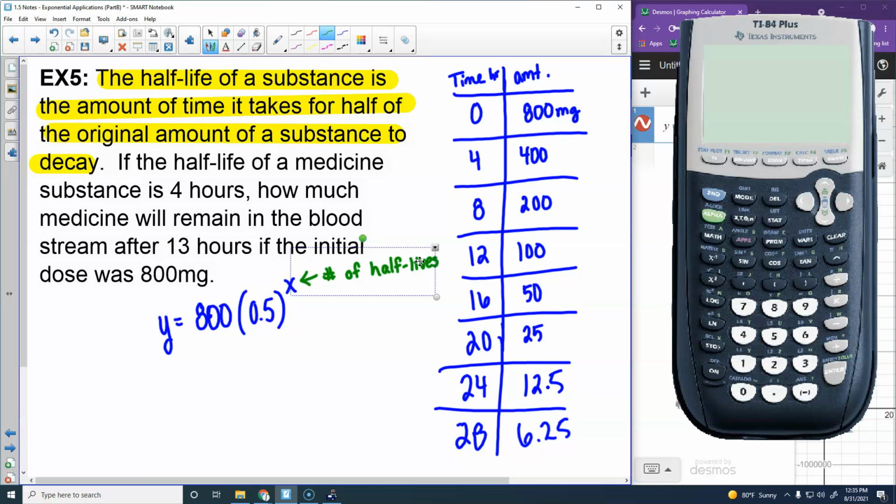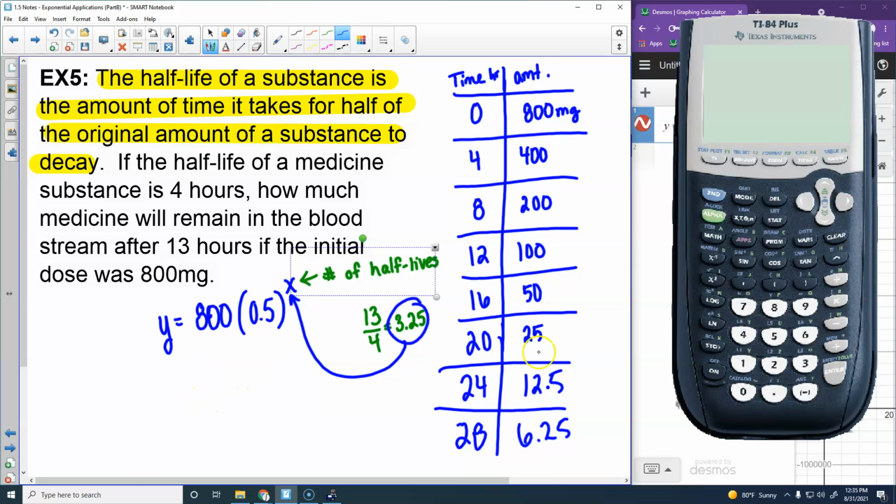Almost. Not 4 divided by 13. 13 divided by 4. So for number of half-lives in 13 hours, I'm going to do 13 divided by 4, which is going to be 3.25. So 13 hours is 3 1/4 half-lives, and that is the number that I'm going to plug in.